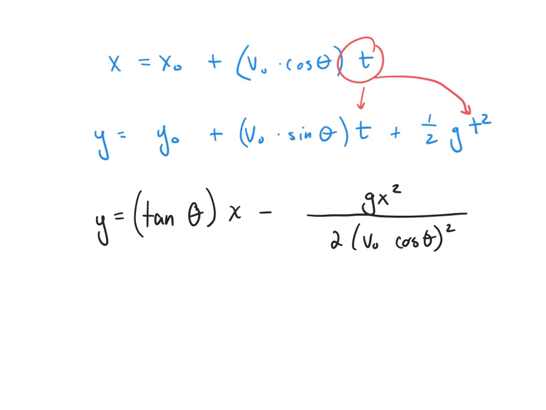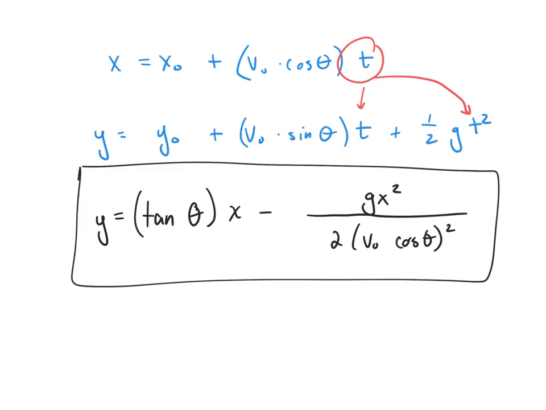This is the equation you're going to want to write down. This is really useful. If you want to know the x displacement and you know the y, or vice versa, and you know nothing about time, this is an equation that eliminates time altogether. Again, an equation that solves for y as a function of x.